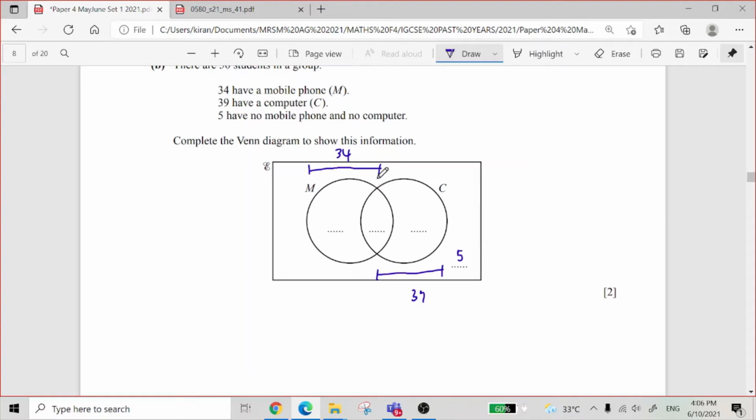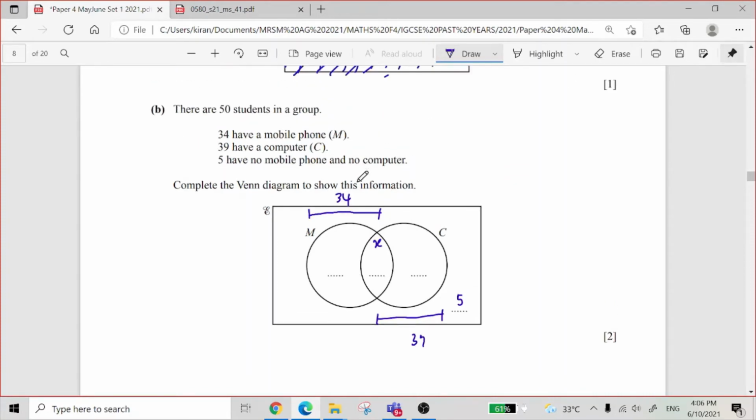So now we make it X here. We know that the total number of students is 50, so you can find the value of X. This part is 34 minus X, and this one is 39 minus X. So 34 minus X plus X plus 39 minus X plus 5 equals 50.